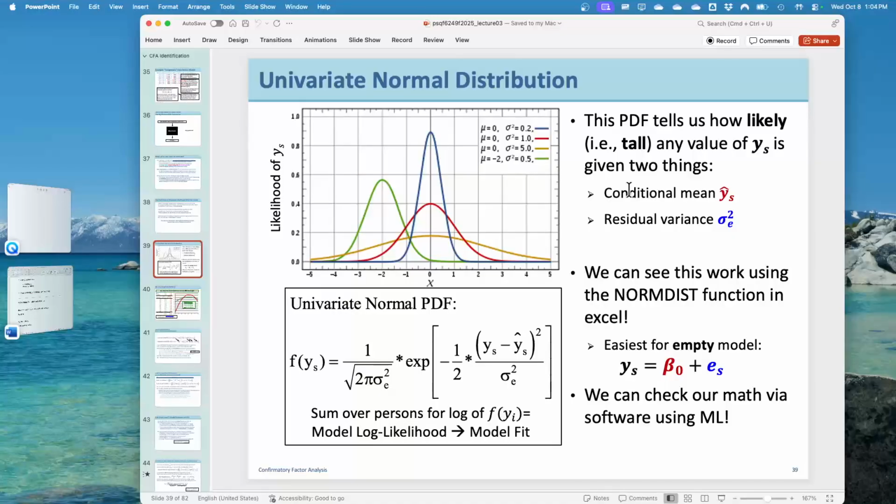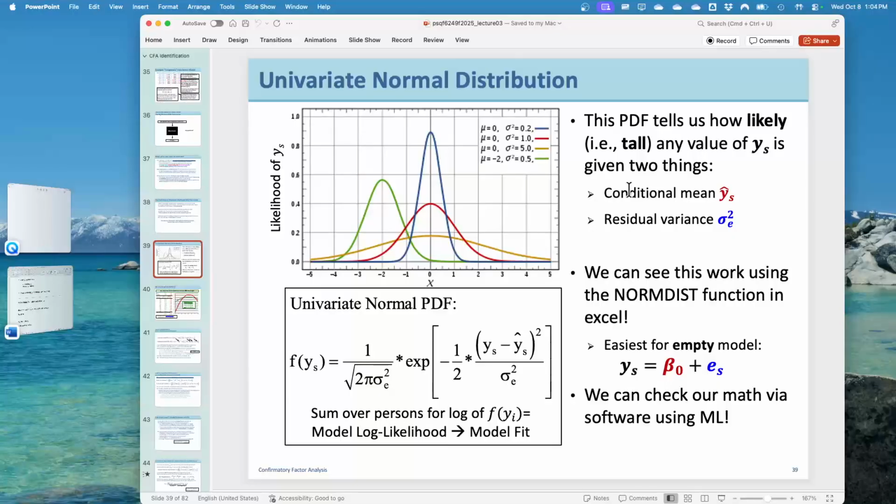That goes right here. And with a given mean, right there, and a given variance, we can tell you how high that curve is. Right? So if we know the mean and the variance of a distribution, we can say how relatively likely each observation was to have happened or to have come from that distribution.